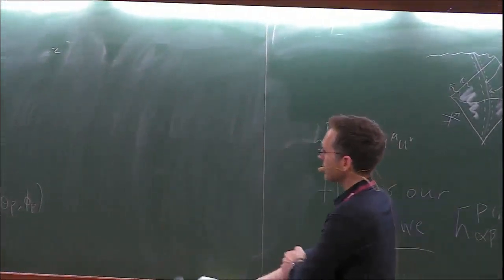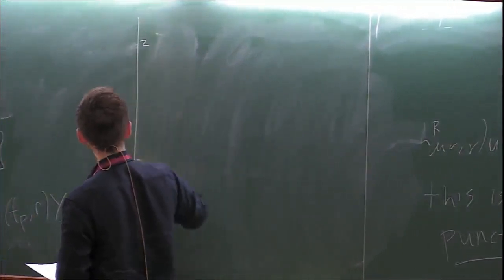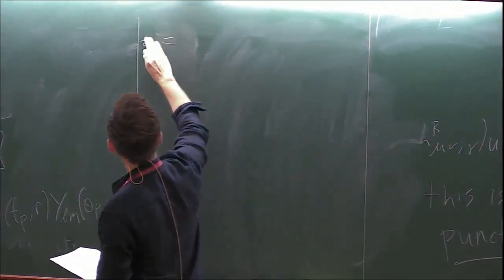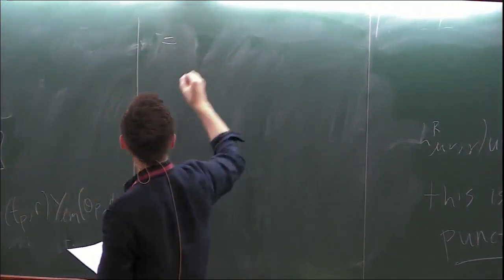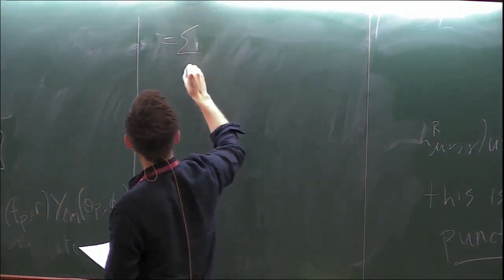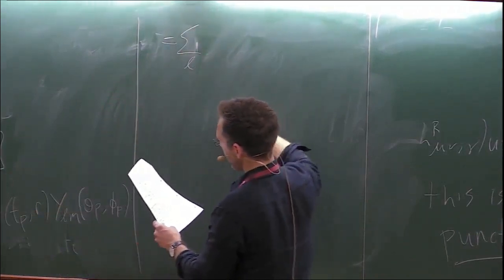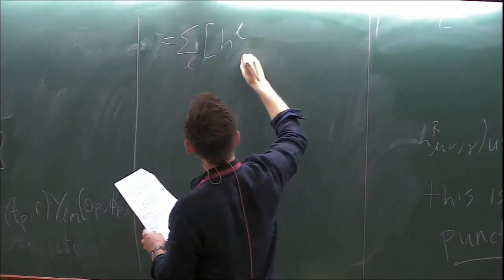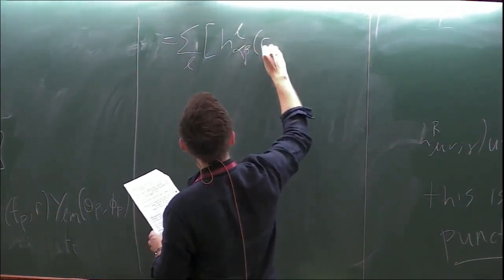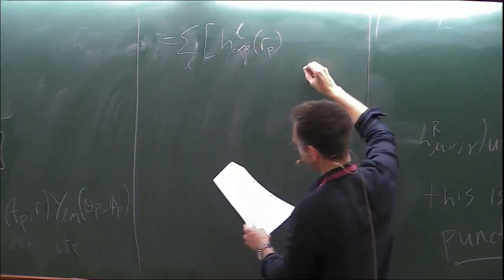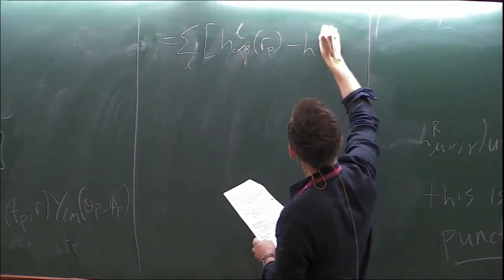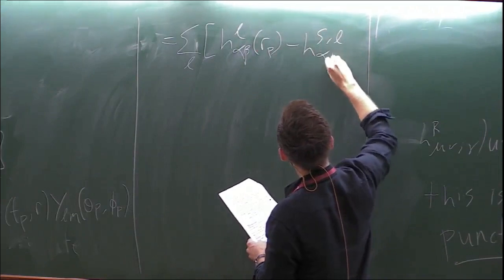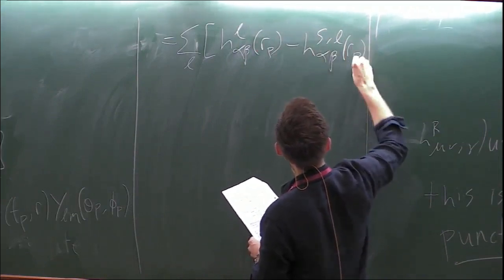Okay, now the magic is that we can now take this limit inside of the sum. So the sum there is equal to the sum over L of H_L alpha beta, evaluated now at R_p, minus H^S_L alpha beta of R_p.